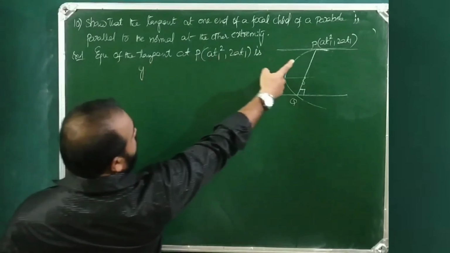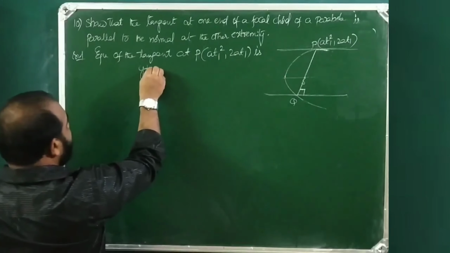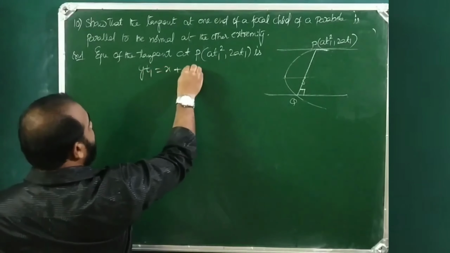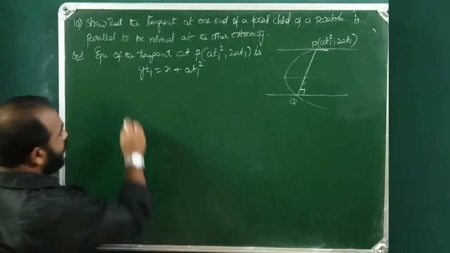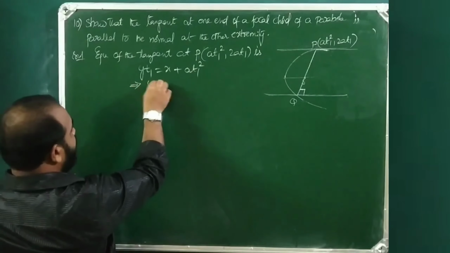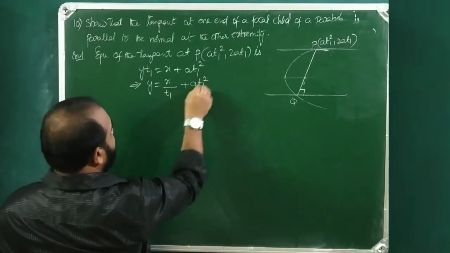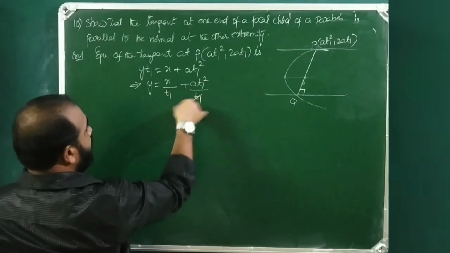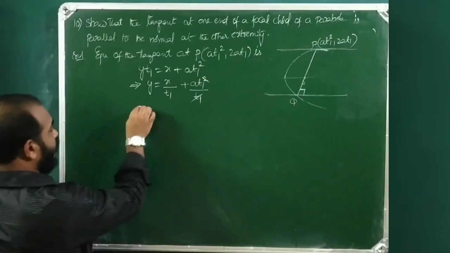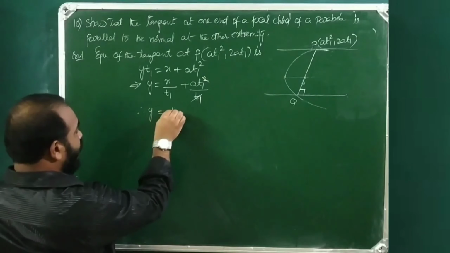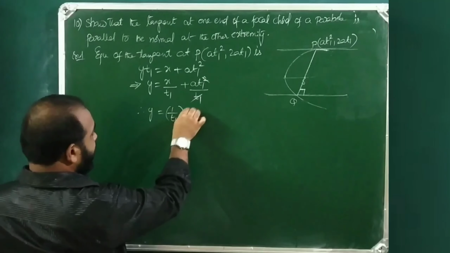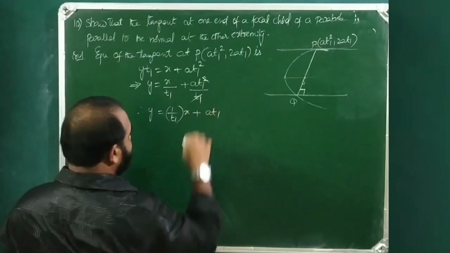So at P, y t1 = x + at1 square. From this, y = x by t1 + at1 square by t1. t1 gets cancelled. Therefore, y = 1 by t1 into x + at1.